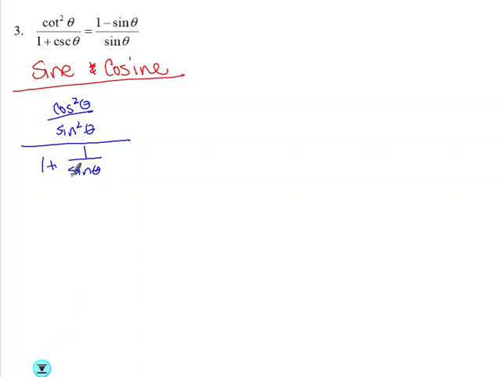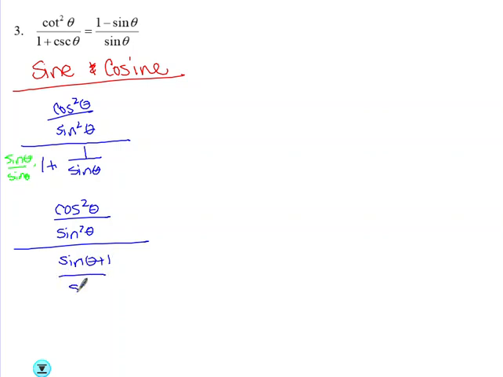So the first thing I want to do is get a common denominator here. So I'm going to multiply by sine theta over sine theta. I'm going to keep the numerator the same. And in the denominator, I have sine theta plus 1 over sine theta.